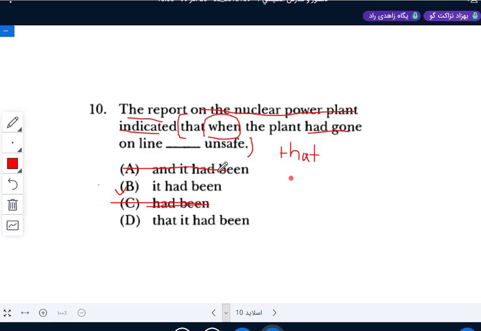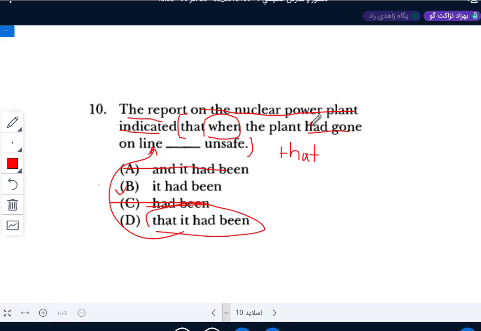And then if I choose online that it had been unsafe, again, what is wrong with this? Why not choice D? Because then we have two that's, and it's another clause. This is a clause, very good as you said, which modifies online, okay?